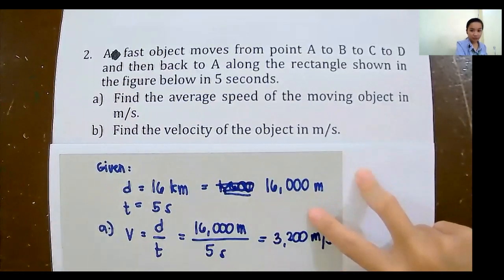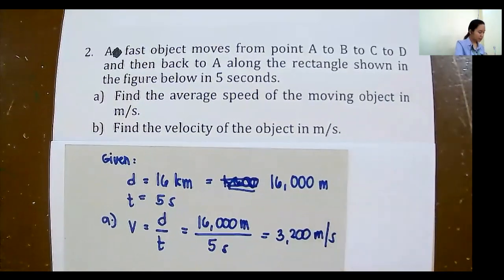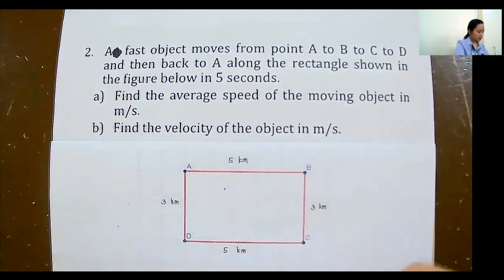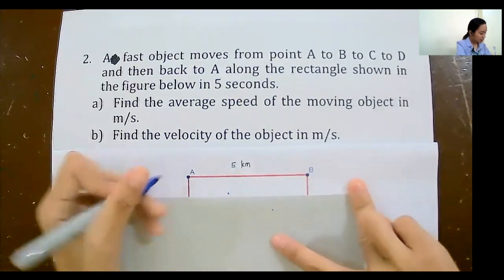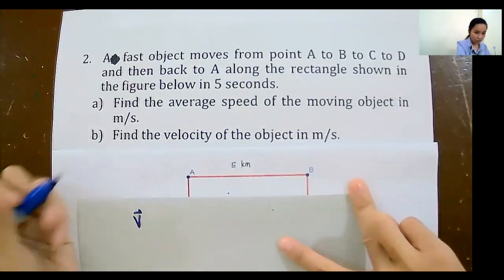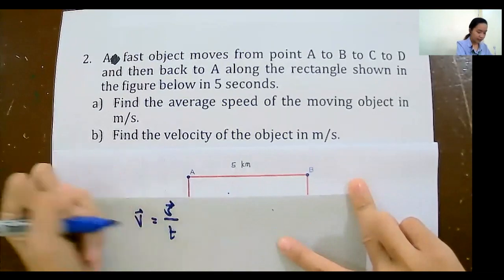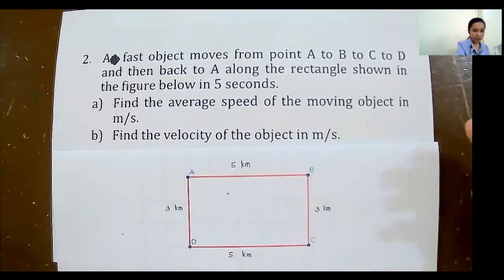Now what about the velocity of the object? That's for letter B. We are going to look for the velocity of this object. Again, velocity is a vector given by your displacement divided by time. So what is the displacement of the object?